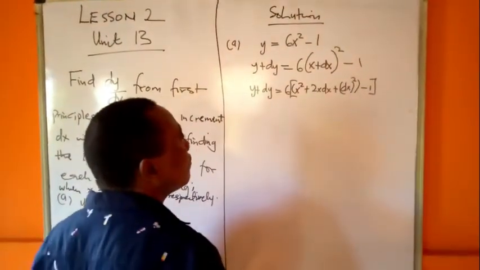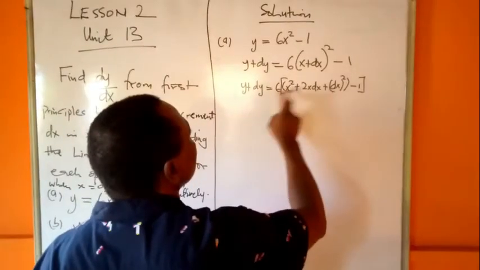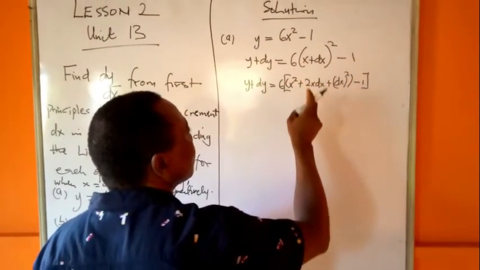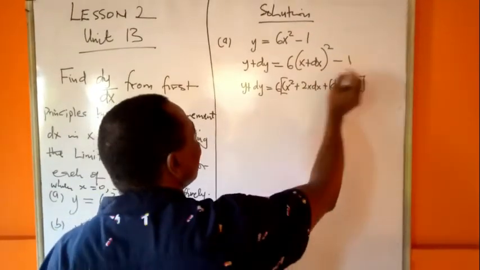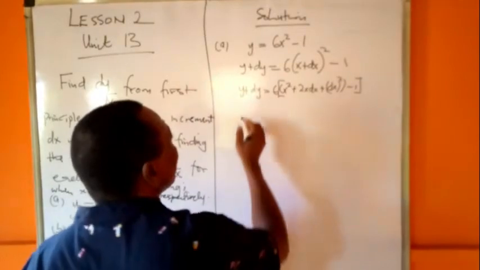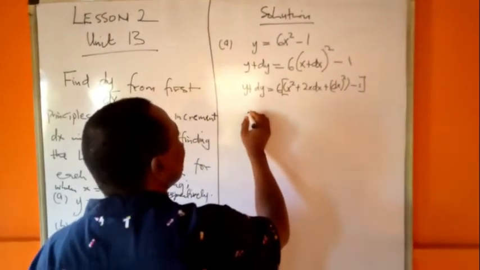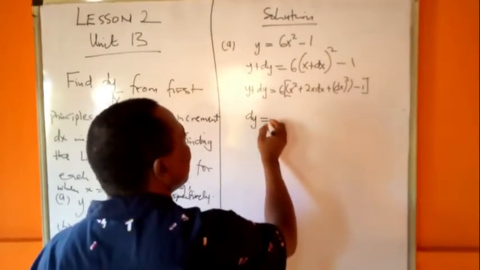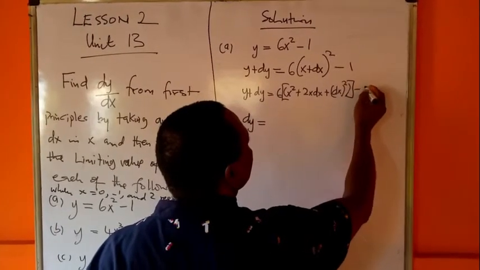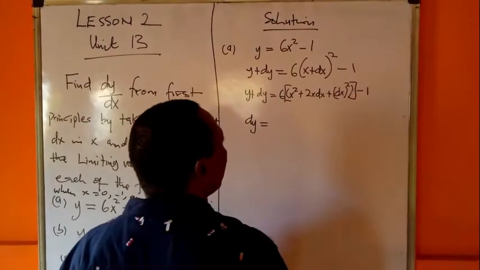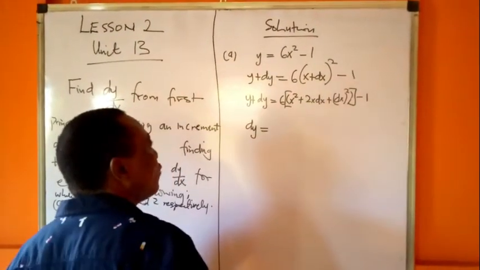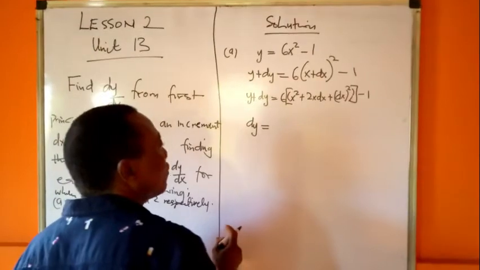So now, writing 6 into x plus delta x all squared minus 1, this is what you have after the expansion. So you have delta y is equal to this, minus 1. That would be better for us, so that you don't duplicate this minus 1 in this expansion.